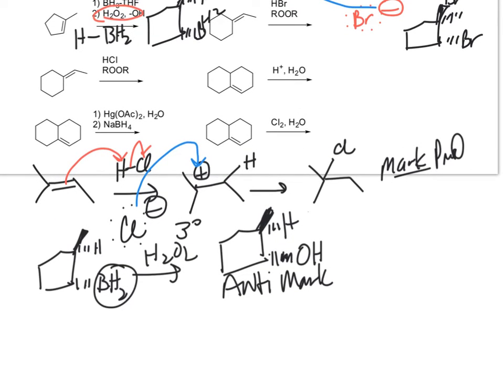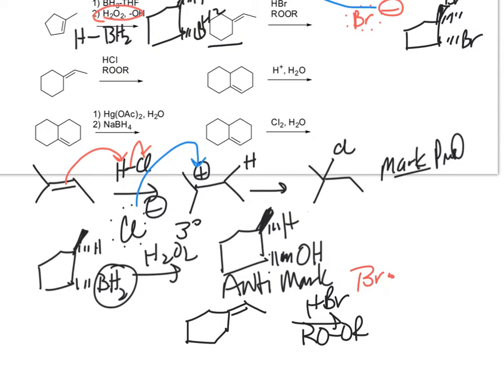Okay, the next reaction we have here is an alkene with HBr, and we also have some peracid. So this is going to be free radical. The HBr and the peracids generate a bromine radical.